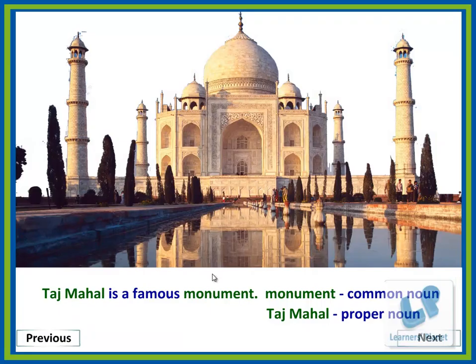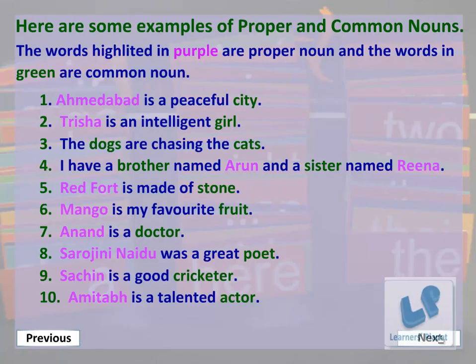Taj Mahal is a famous monument. So monument over here is a common noun, whereas Taj Mahal is the name of the monument. That's why it's a proper noun. Now, here are a few more examples of proper and common noun.